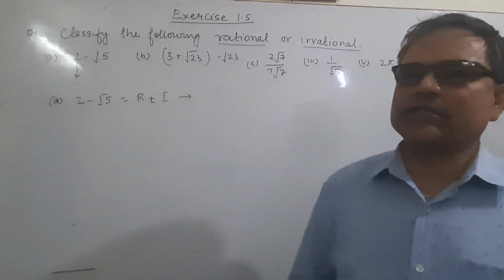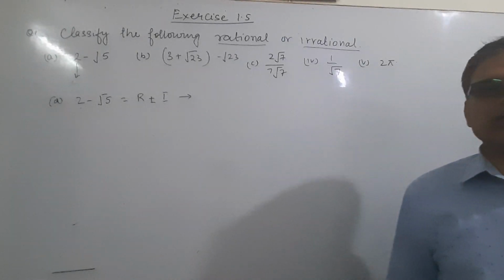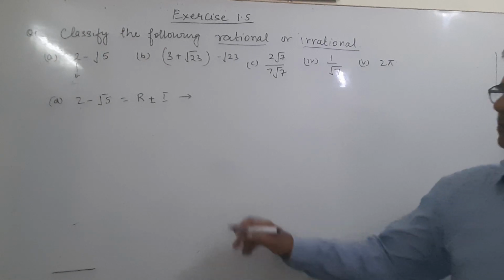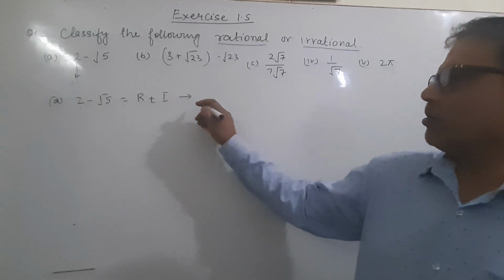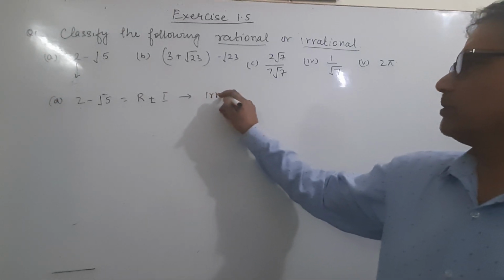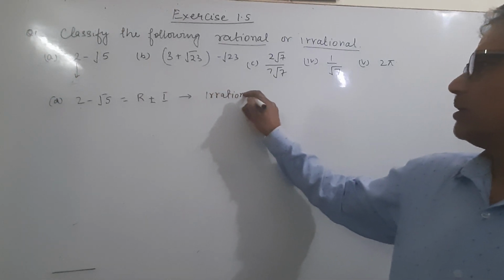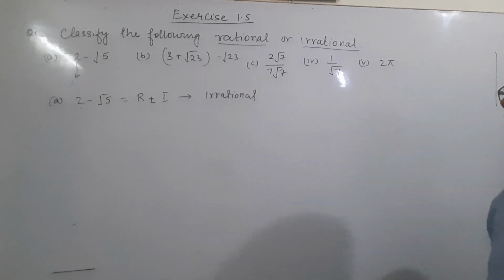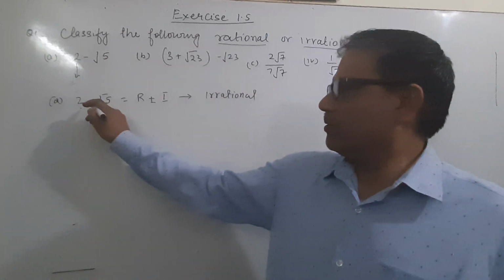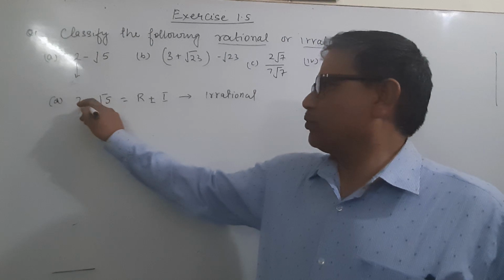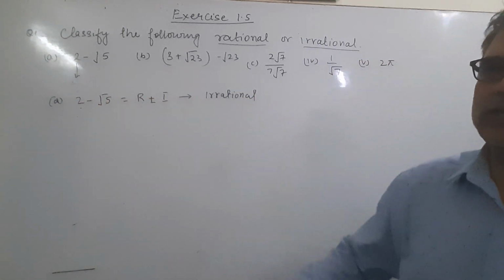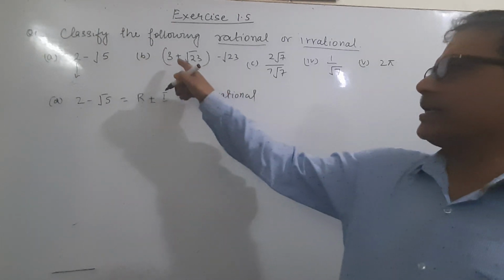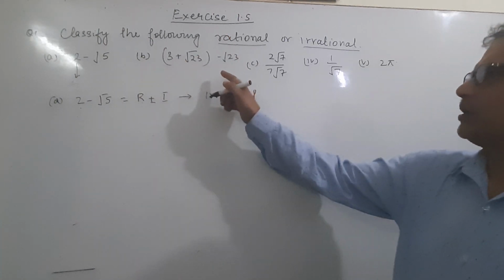It means the sum or the difference of a rational and an irrational is always irrational. If here it is plus, for example 2 plus root 5, rational plus irrational, it will always be irrational. Move to the second, and you have to do it yourself.